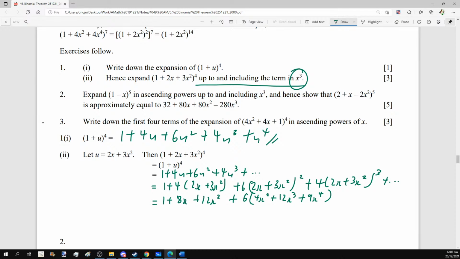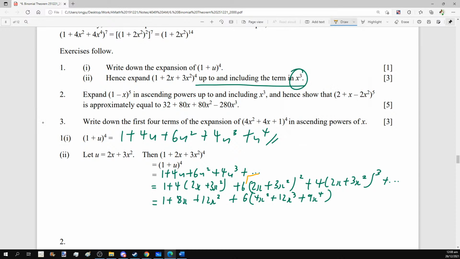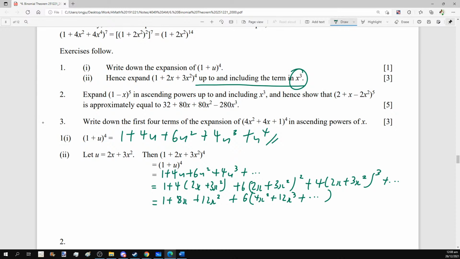Now, you will start to notice as you do the second and third binomial theorem that there are some irrelevant objects. For example, this guy creates this person over here, 9x to the power of 4. And the power of 4 is kind of irrelevant because the question only wants x to the power of 3. So you can actually be a little bit lazy and just focus on the important part, like so.